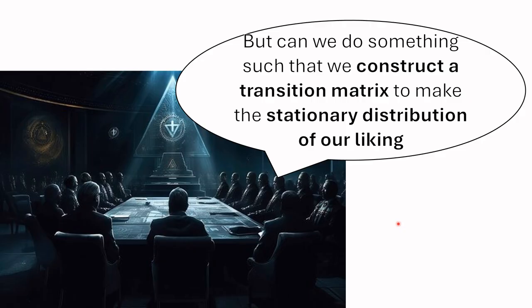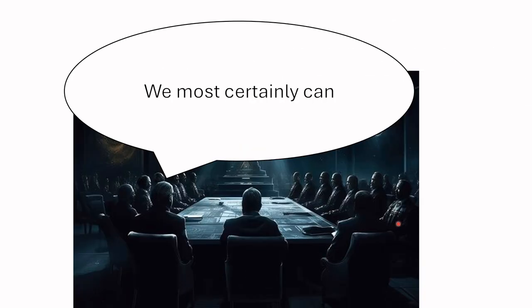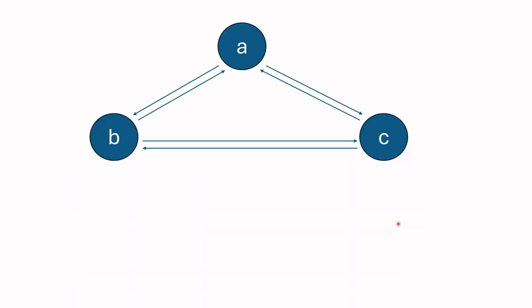Basically the problem statement is, given a stationary distribution you want, how can you construct a transition matrix between the states to get you to it? Of course, they're Illuminati, they can do that. But we're going to learn how to do that because it's important for Markov chain sampling.